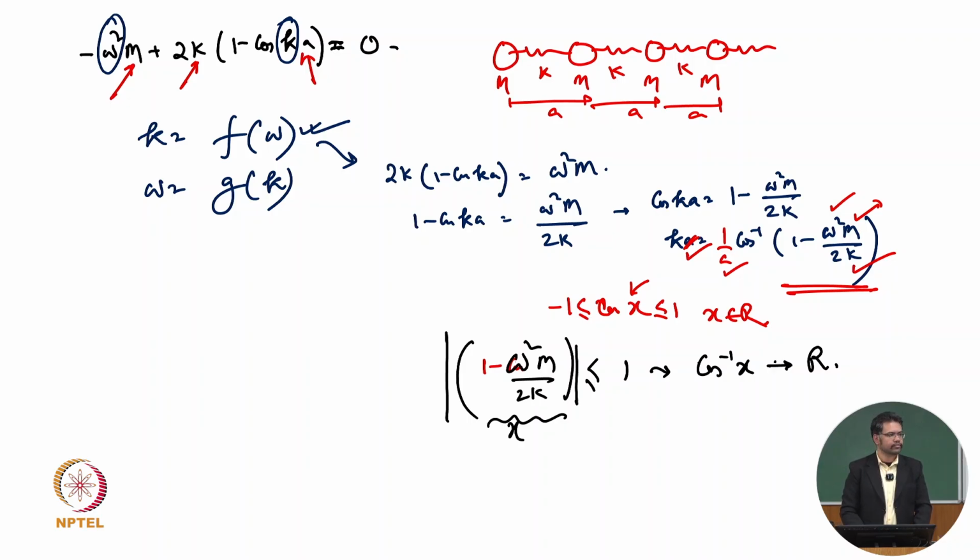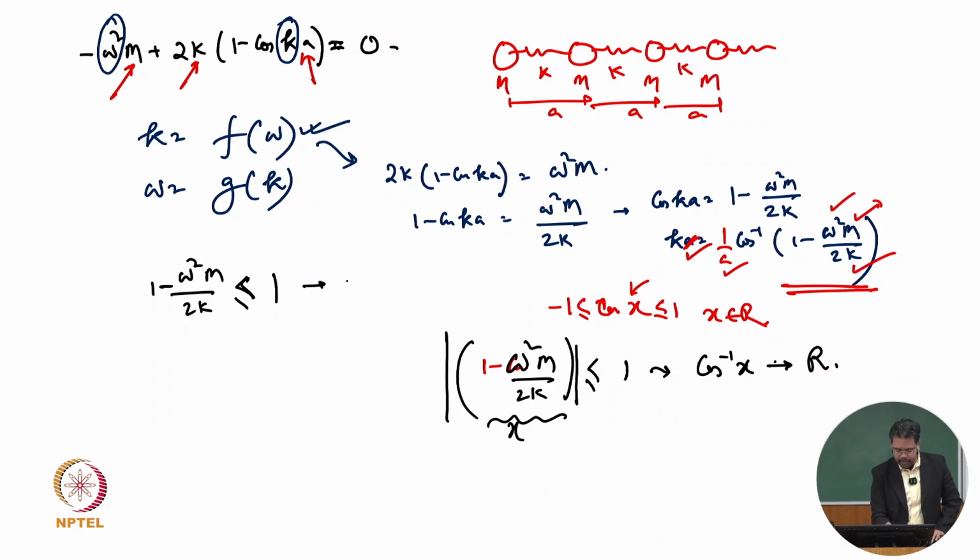Agreed? Any doubt? No doubt? Okay. So I can say that once the modulus of 1 minus omega square m divided by 2k is less than or equal to 1, my kappa will be real. Agreed? All of you?